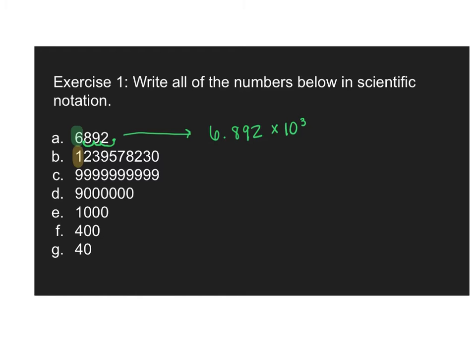It should be 1 as your leading digit, and you're moving that decimal point 1, 2, 3, 4, 5, 6, 7, 8, 9 spaces. So this is 1.239578230 times 10 to the 9th power. All right, let me know if you have any questions with that.